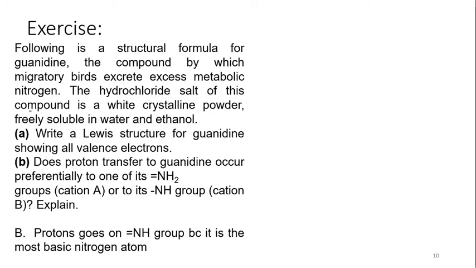Now moving to this exercise, if I look at guanidine, I need to draw the structure of guanidine with the bonding electrons and non-bonding electrons. So my guanidine structure would be like that. You have to remember, when you draw your structure, you have to satisfy the octet rule.